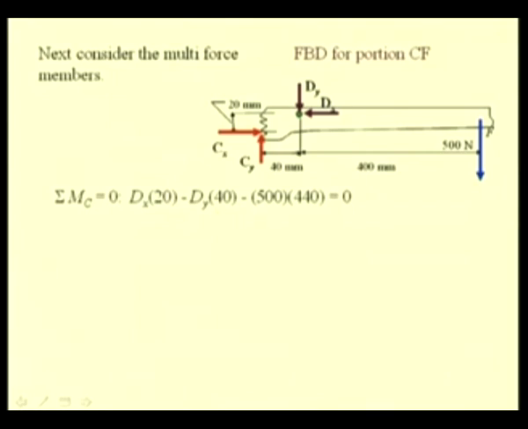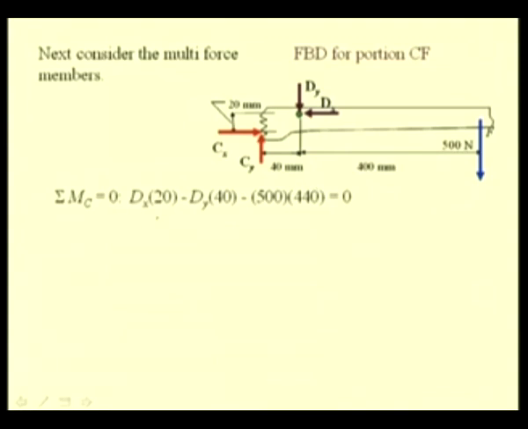So, we have minus Dy into 40 and the moment of this applied force 400 Newton is again a clockwise moment about this point C, thereby it is a negative quantity. The moment arm of this force is 400 mm plus 40 mm, that is 440.